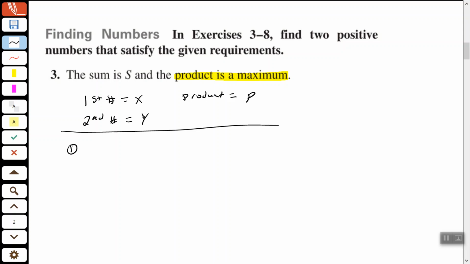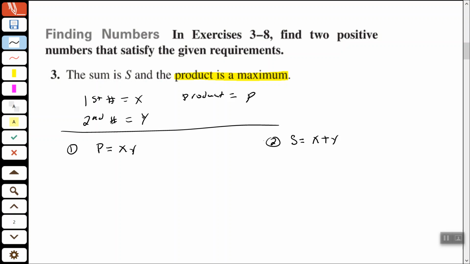So step one, we're going to have p equals x times y, the product of the two numbers. That's the optimized equation. The secondary equation would be the other equation, which in this case is the sum. All right, so the sum, we're looking at that number as being a constant number.